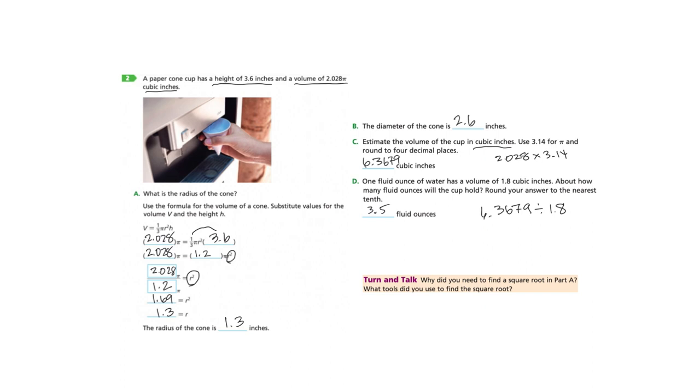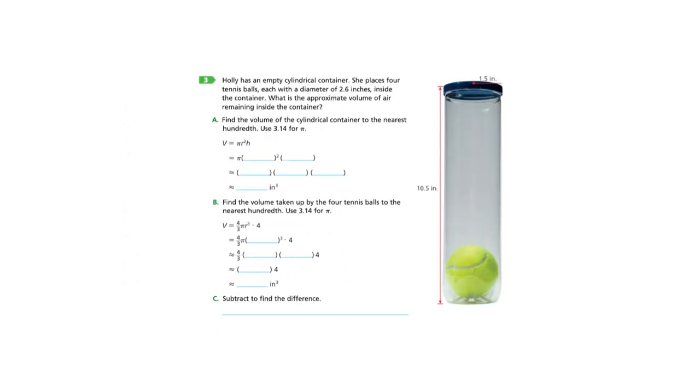So let's look at the next question. So let's look at number 3. I'm going to let you complete this one on your own, but I'll get you started by looking at what's important information. So they say Holly has an empty cylindrical container. She places 4 tennis balls, each with a diameter of 2.6 inches, inside. So that is super important. Each of these tennis balls has a diameter of 2.6 inches.